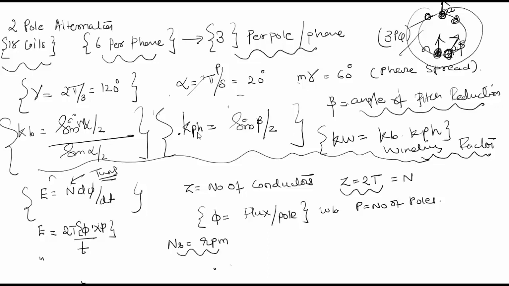So based on whatever your speed was or the rotation, time can be given by 60 divided by n, which will give you the minutes. So based on that, it's possible to modify this equation to 2t phi into p divided by 60 into n.